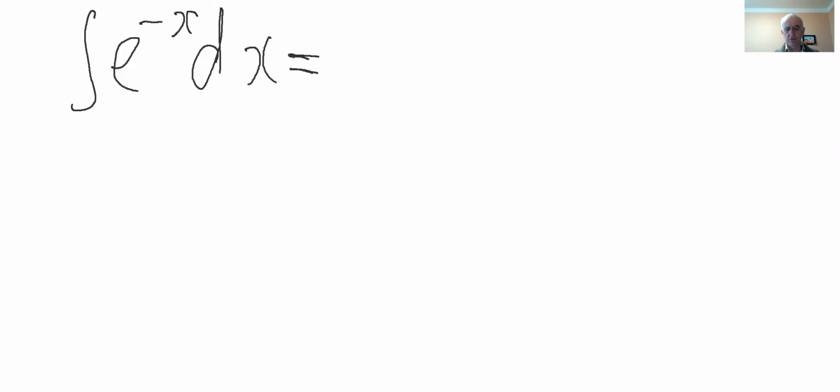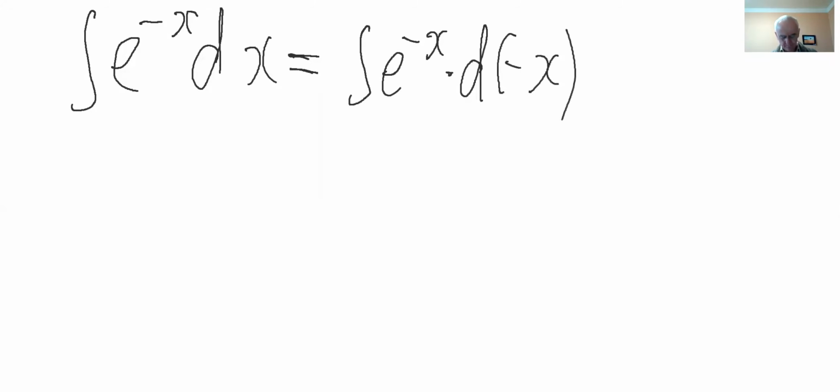Tell me what we should write down. E in power minus x, multiplied by d minus x. Okay, let's try. So it's e to power minus x d minus x. Now let's check. And I think we need a minus only. Yes, yes, yes.